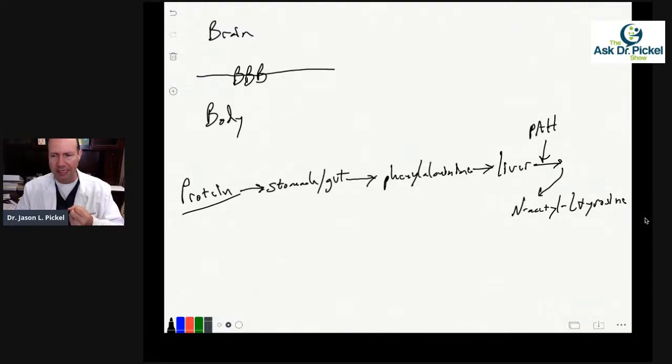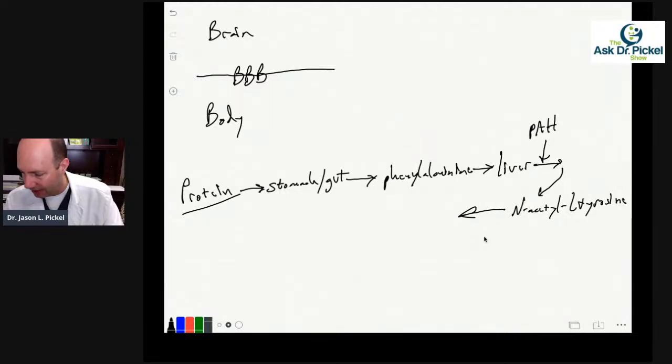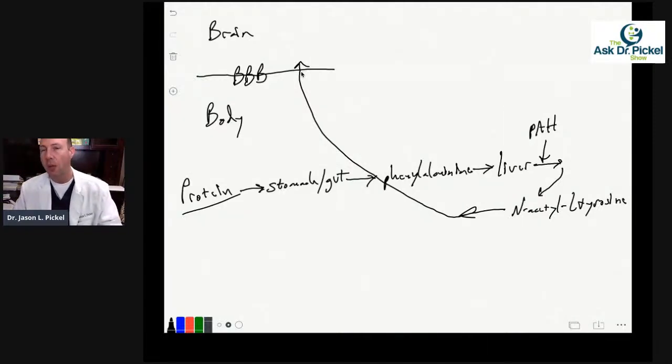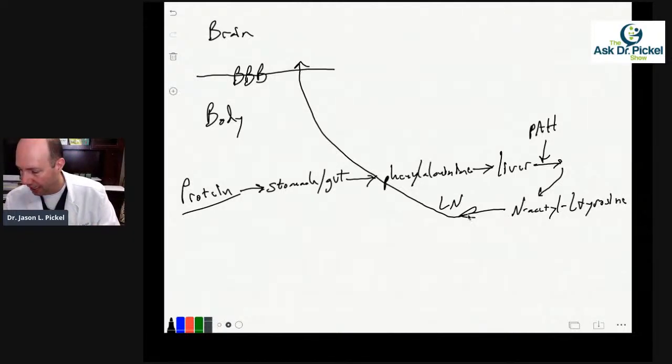But definitely the next thing that has to occur is this N-acetyl L-tyrosine has to be in this form, because this allows it to pass through the blood-brain barrier. But it can only do that if it's bound to, let's say, a taxi cab. There's a taxi cab that it goes with called LNAA.